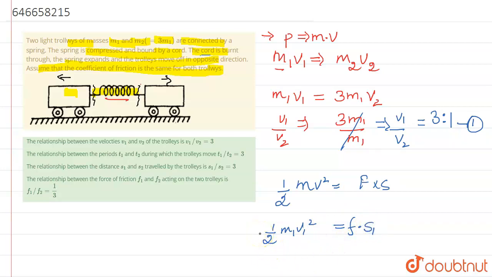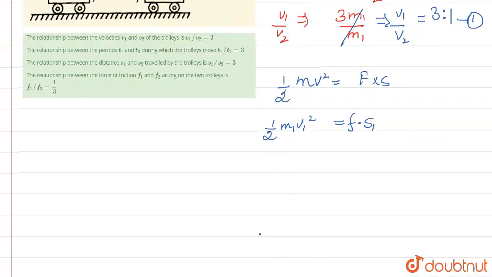Similarly, for the second, half m2 v2 square is equal to f multiplied by s2. We have the ratio of m1 and m2, and we have the ratio of v1 and v2. So first of all, let's solve this.